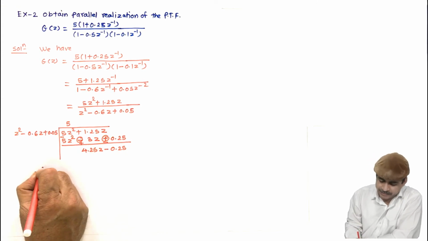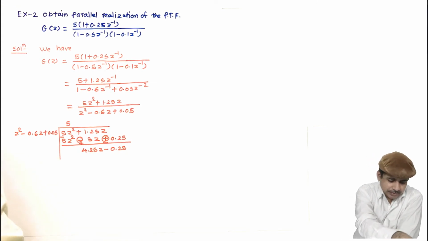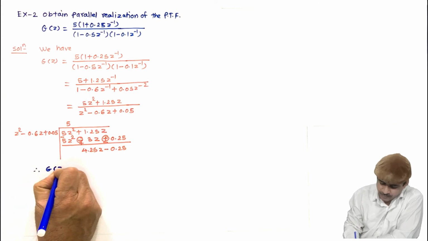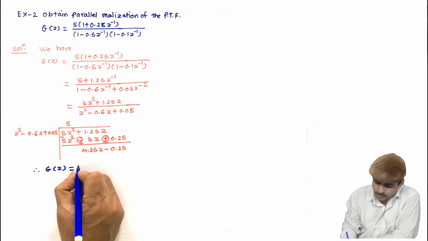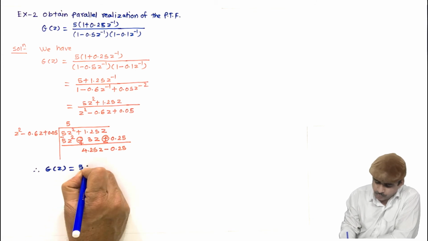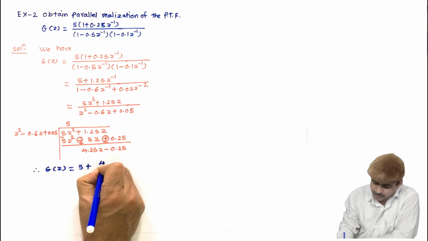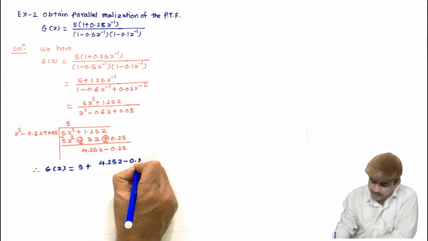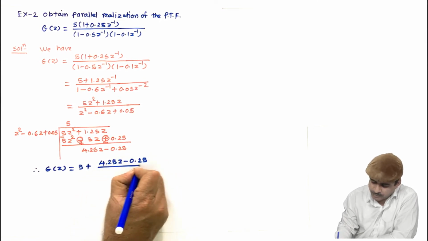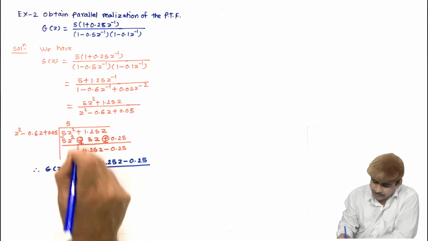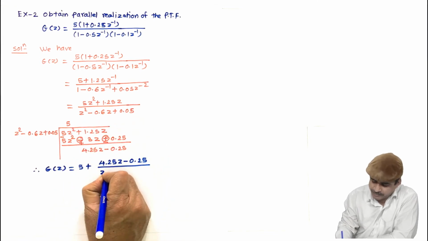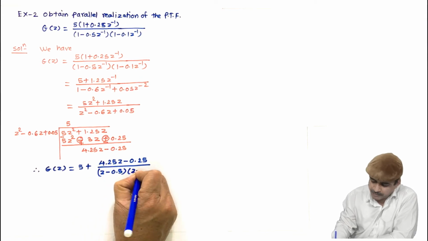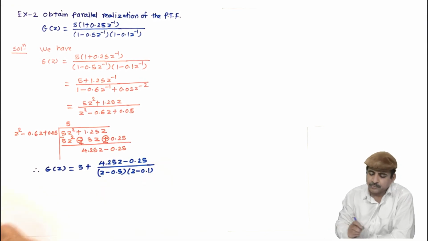And then I can say g of z equal to 5 plus 4.25z minus 0.25 divided by, I will take the factors of this as z minus 0.5 into z minus 0.1.